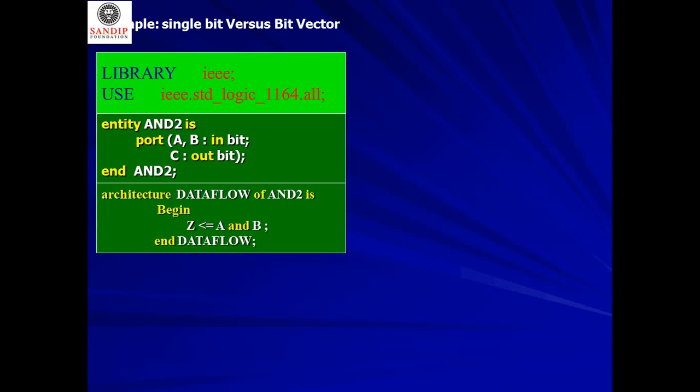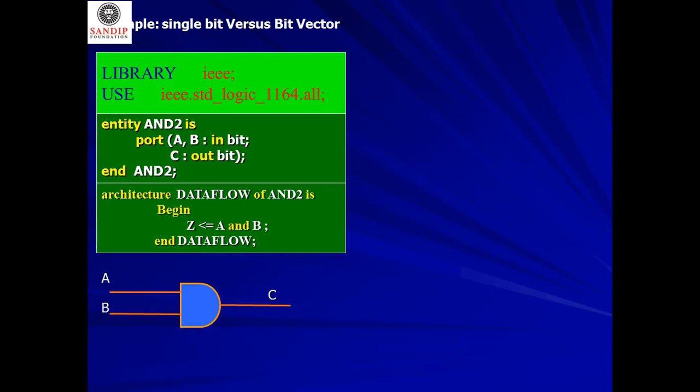Architecture dataflow of and2 is begin, Z is assigned A and B, end of the dataflow. This is the code written for the single bit case.